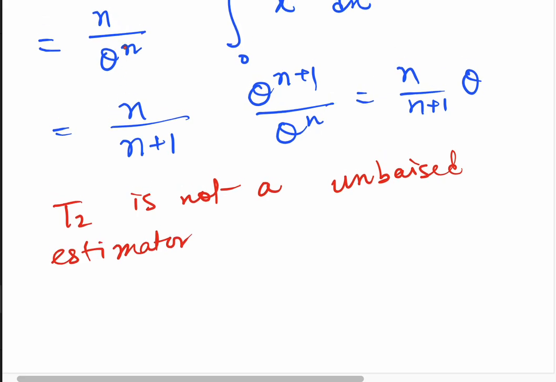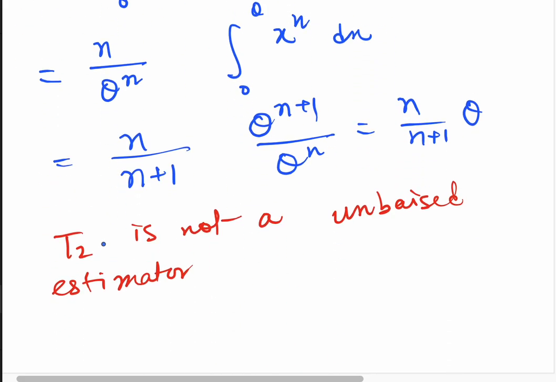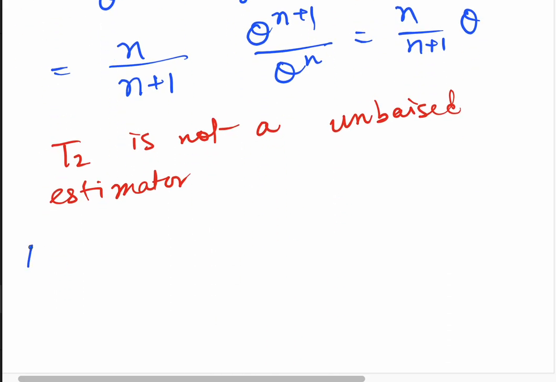Now let's check its variance to see whether it is a consistent estimator or not. So to check it, the variance is the expectation of x square minus the square of the expectation of x.